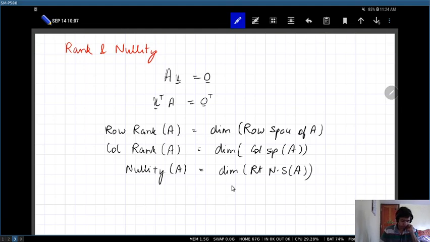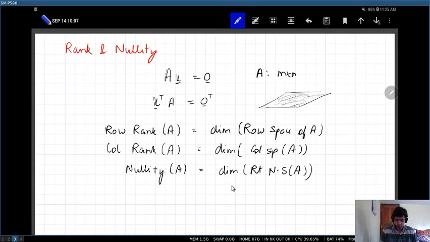Right? So in general, if you have an m by n matrix A, then the row space of A is the set of all vectors which can be written as linear combinations of the rows. So this corresponds to some hyperplane, right? And the right null space of A corresponds to all those vectors which are orthogonal to the row vectors, or in other words, orthogonal to the row space.